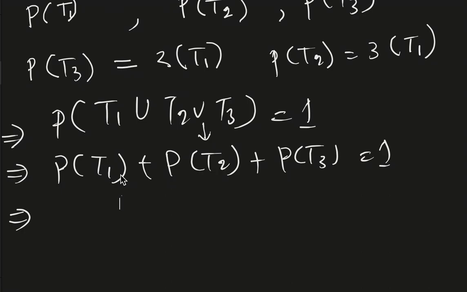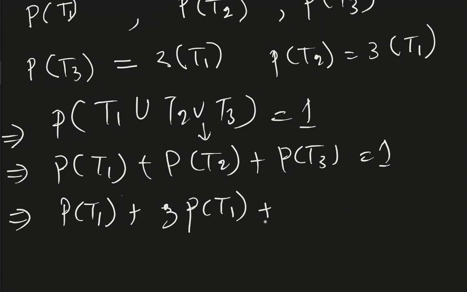That's why from their union we can write it in this form, because their intersections are also 0. So PT1 plus 3 PT1, since PT2 is 3 PT1, plus 2 PT1, since PT3 is 2 PT1, is 1.